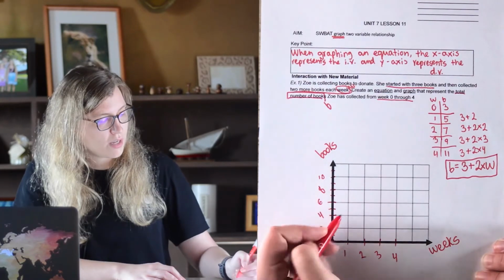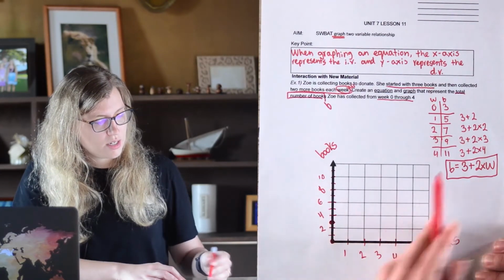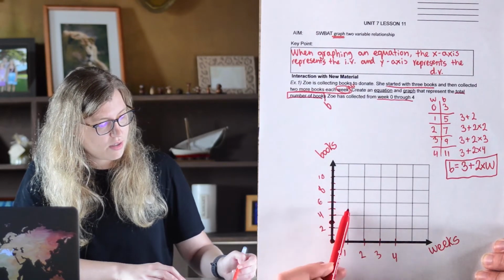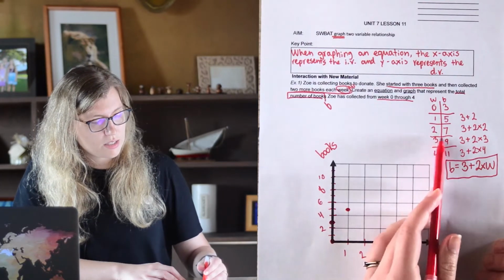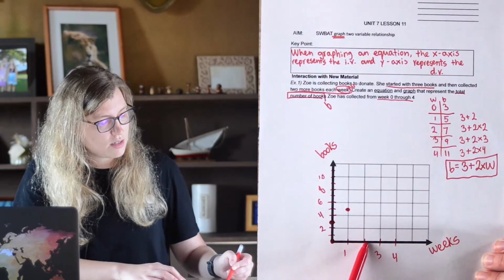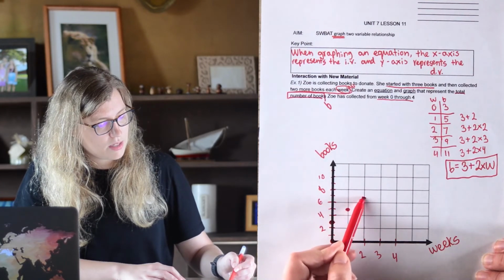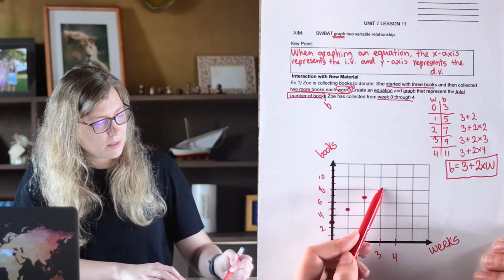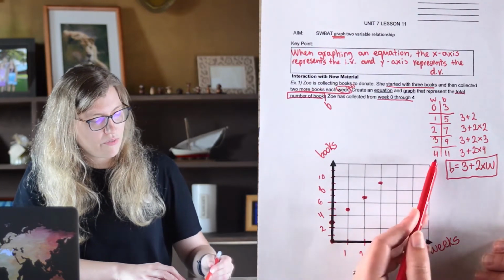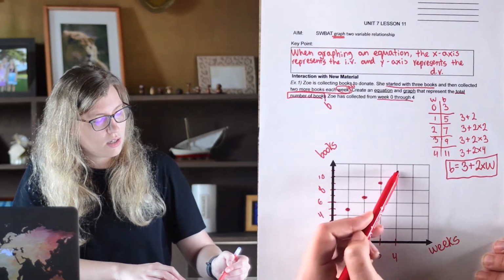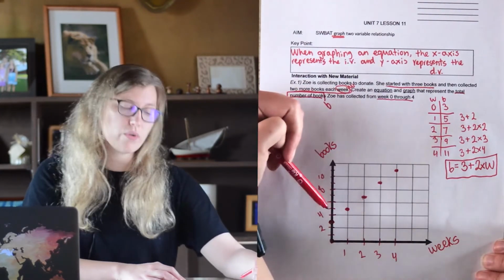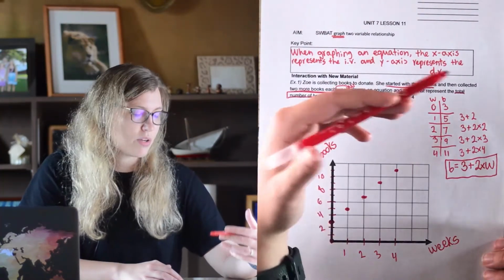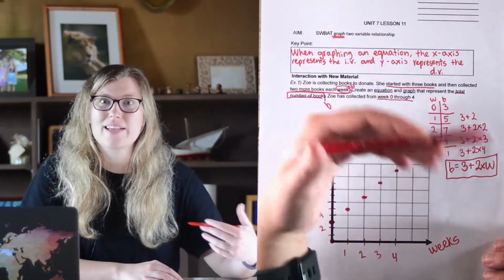It just tells me to go up to 3. Next one, 1, 5. I go to the right first, and then I go up to 5. Next one, 2, 7. I go right to the 2. I go up to the 7. 3, 9. Right 3, up 9. And 4, 11. 4, up to 11. Now I want you to notice that these dots, I know it's not perfect because I did it by hand, not on a computer, they should connect into a straight line.